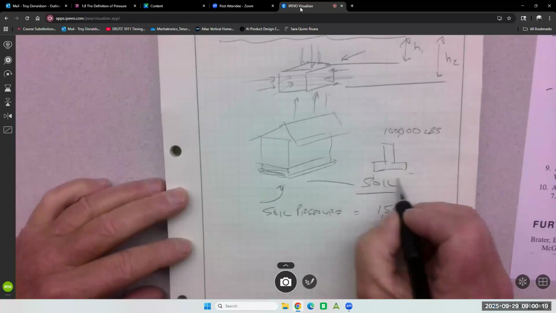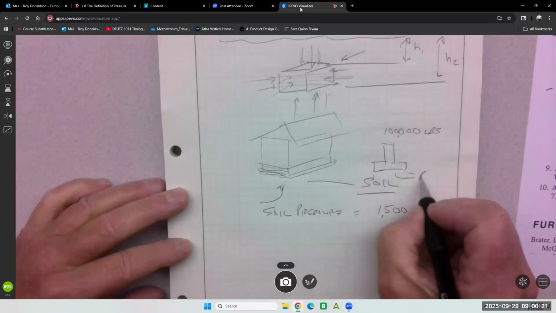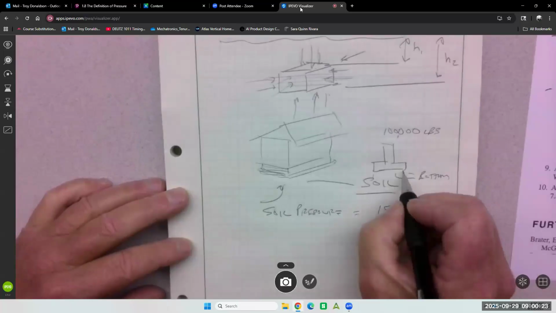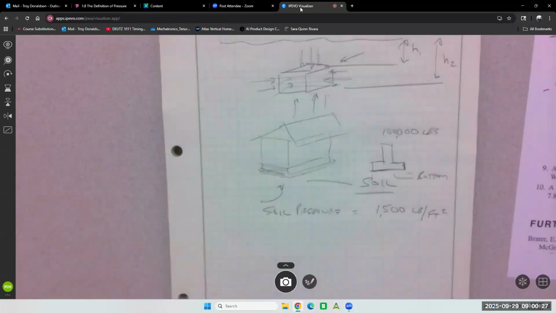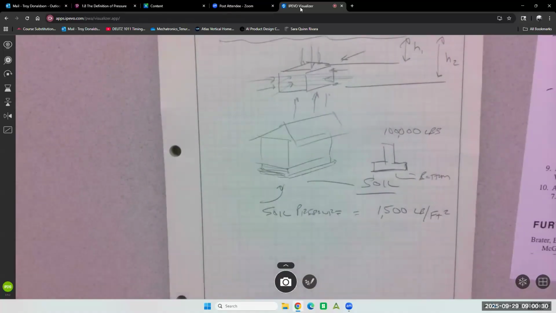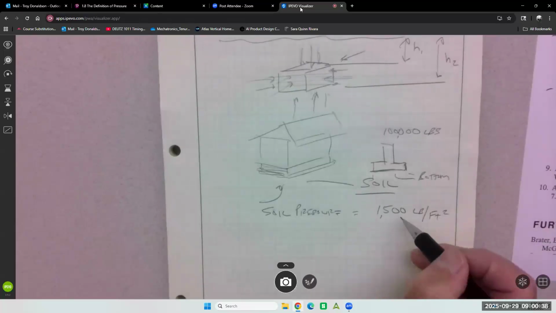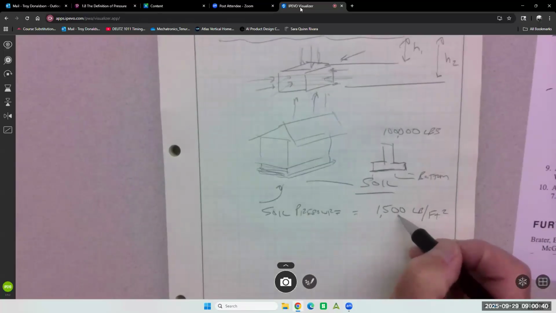That's a wide area of concrete at the bottom. The reason we have a footer is to spread that area out, right? The more area we have, the lower the pressure is going to go because it's pounds per foot squared. And if we increase the foot squared, that number goes down, right?